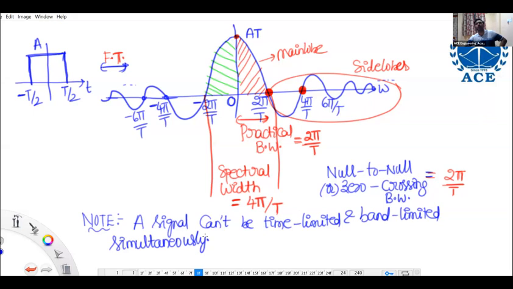Indirectly, narrow band in one domain becomes wide band in the other domain. A signal cannot be time limited and band limited simultaneously. You cannot have finite length in both domains, sir.